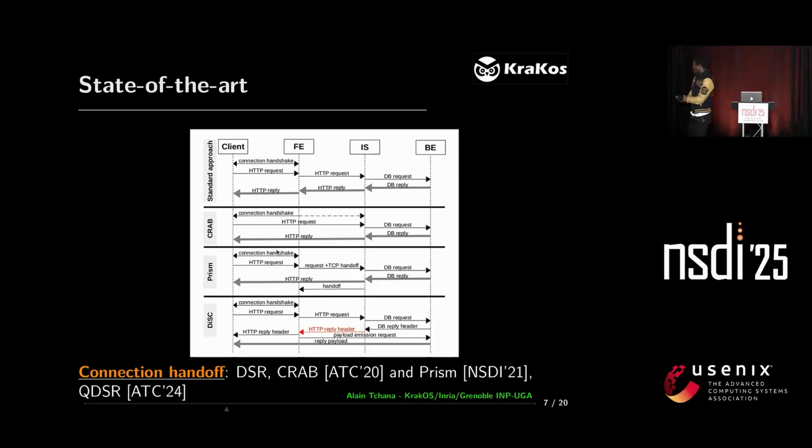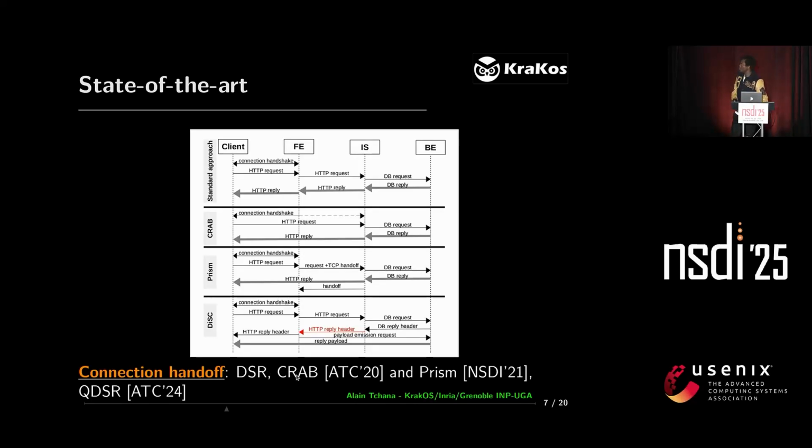This is not the first work which tried to address this problem. The main approach behind existing solutions is what we call connection handoff. We have DSR, HTTP DSR, a well-known technique to migrate a TCP connection from one server to another server.